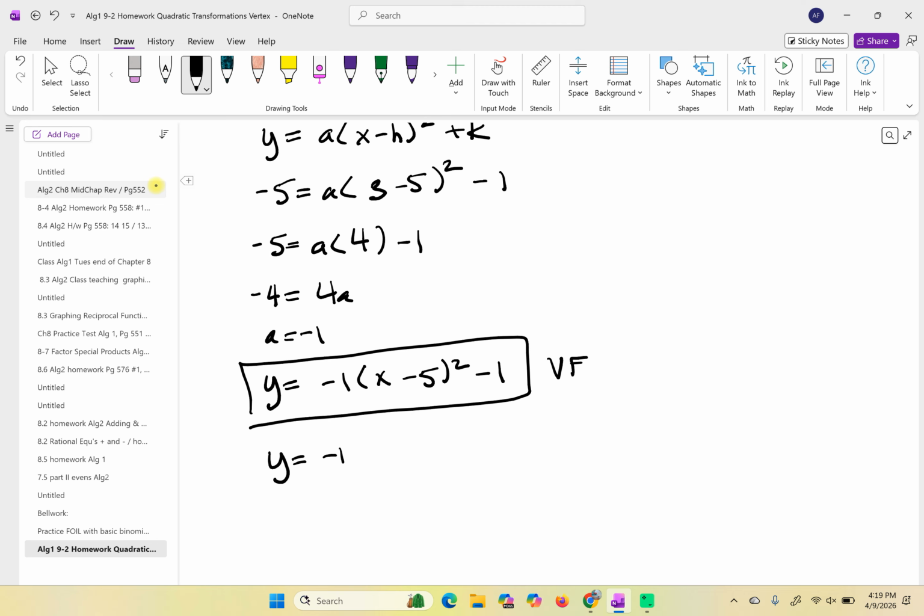(X minus 5) squared FOILs into x squared minus 10x plus 25. Distribute the negative 1 to each term. Minus 25, minus 1, is minus 26.